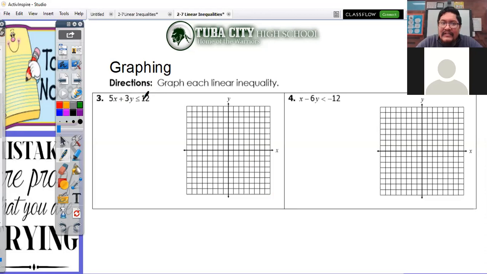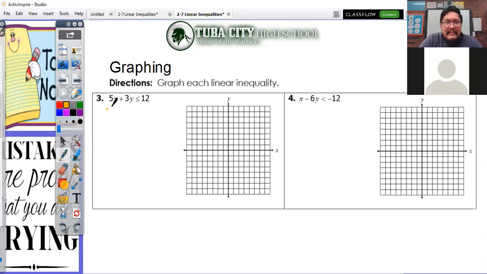We'd have 12 divided by 5 for the x-intercept, something like 2.4, and we'd have to graph 2.4 as best we can on there. So standard form is good for finding the intercepts, but it's not very good for finding out where the line goes exactly. For some of these, we need to know exactly where the line goes, and usually slope-intercept is a far more accurate way of doing things.